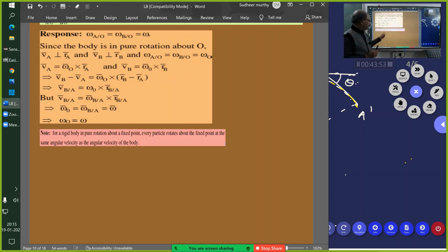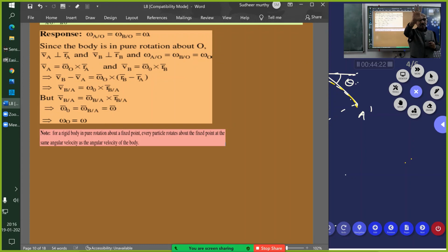But now here you see, with respect to this, the entire body is having omega naught. The body itself is having omega naught, and it is pure rotation of the body. So if you have drawn some line inside it, that line is also rotating as it is performing pure rotation like this.